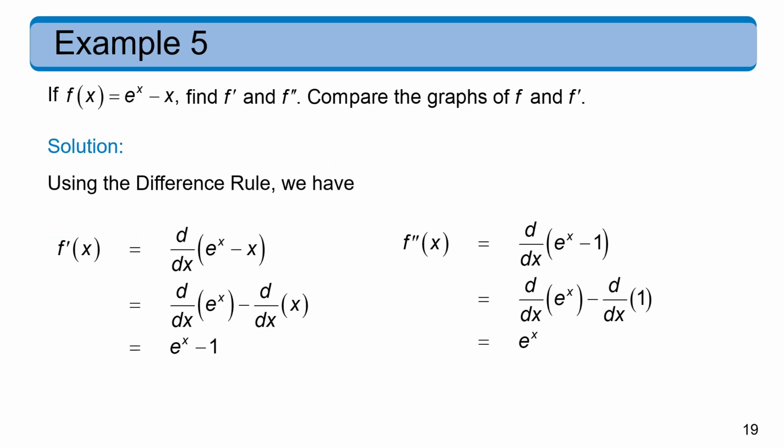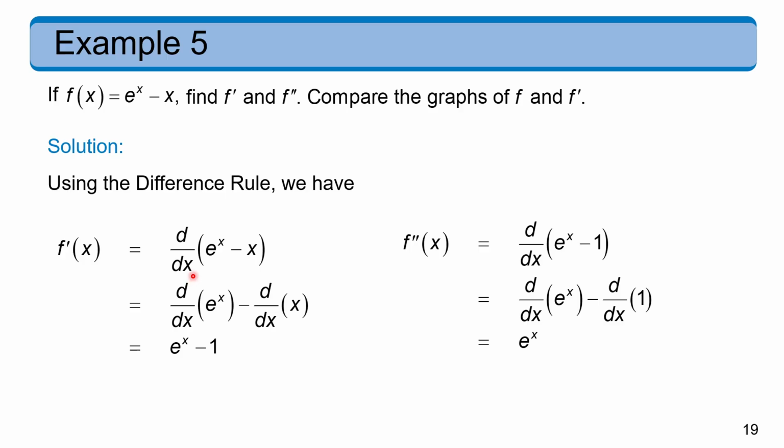We're given the function f of x equals e to the x minus x. And we want to find the first and second derivatives, and then we'll do some graphing. So this first problem is similar to what we saw in the last example, finding the derivative of this. Here we've written f prime of x, but then we just switch over to the Leibniz notation. You don't have to do that, but we chose to do that here.